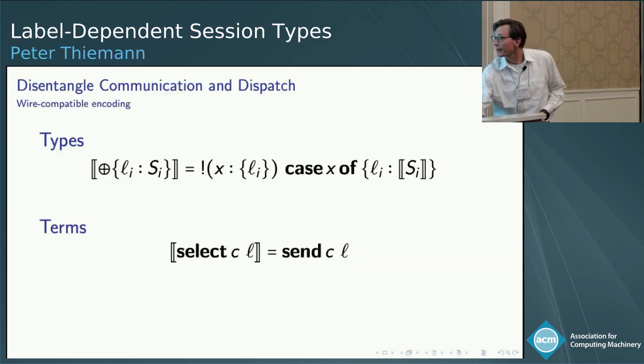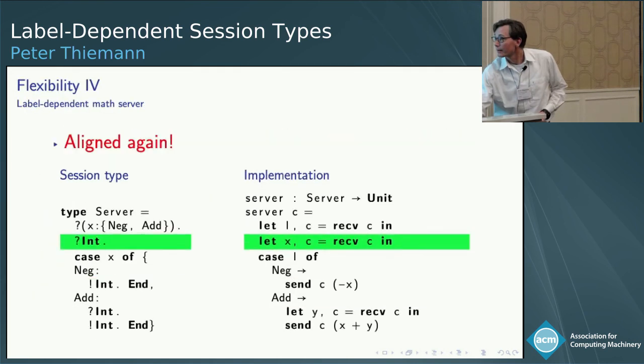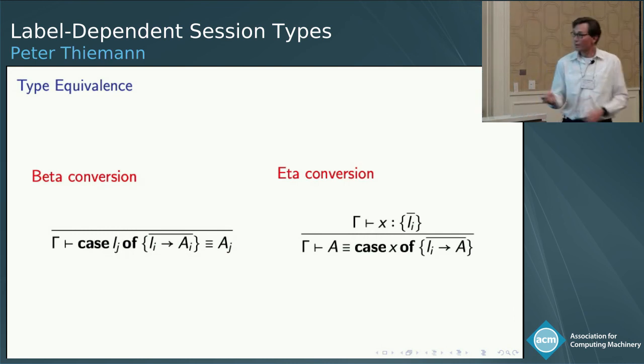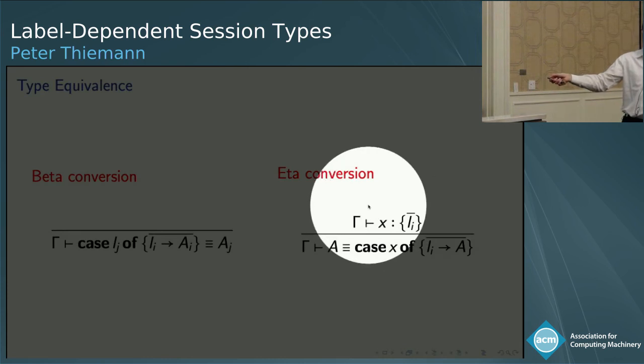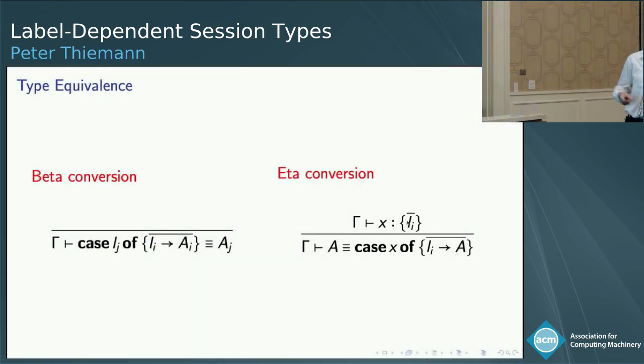Let me go there. Yeah, I should have used the bars throughout. This means X has type label set, where the label may be one of L1, L2 to Ln. So this is not a singleton.